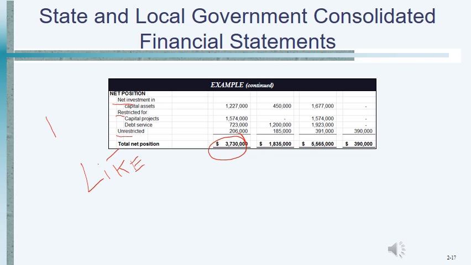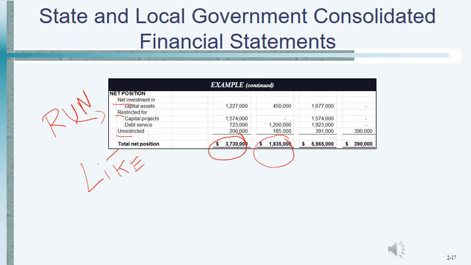And remember, last time I reminded you of the mnemonic RUN to help you remember the categories of our net position. But this is our government-wide statement, and remember last time we did some practice here to see how the total net position could then be tied up to the net position that is reported for our enterprise funds.